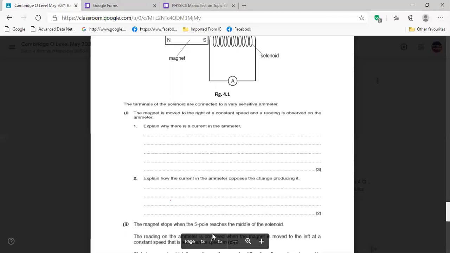So motion of the magnet makes the solenoid cut the magnetic field lines, producing an induced EMF. If there is EMF, there is current. Is it a correct answer?